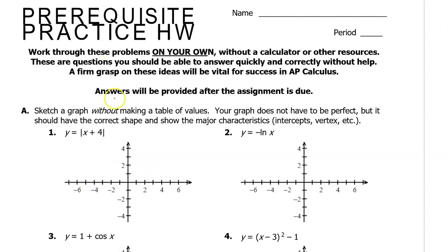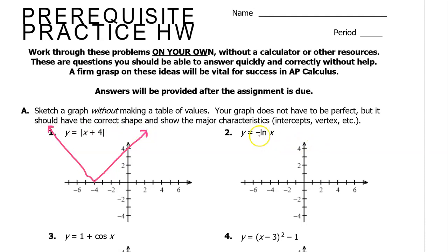So we're just going to take this V and shift it to the left 4, so it should be like this now. Because we know the slope is 1, it should go straight from -4 through a y-intercept of +4. Alright, so there's a rough sketch of problem number 1.